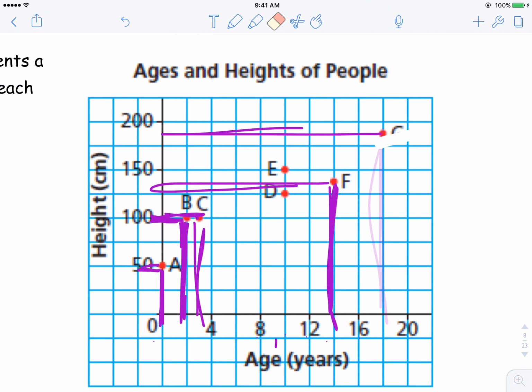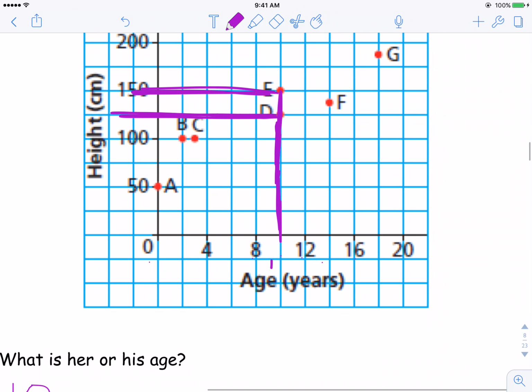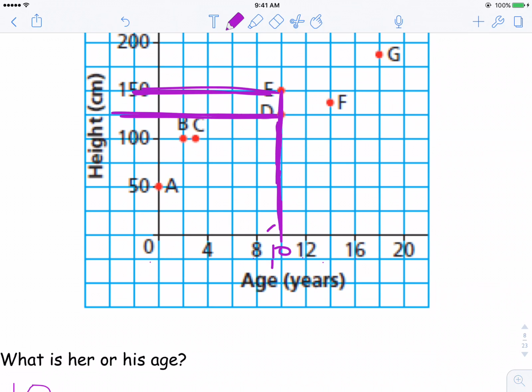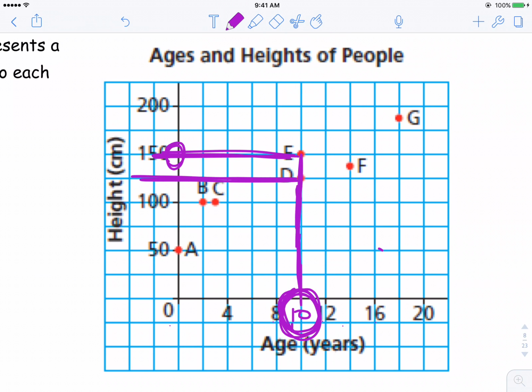But right here, 10 years old gives us both 125 centimeters and 150 centimeters, because one domain value gives rise to 2 range values.